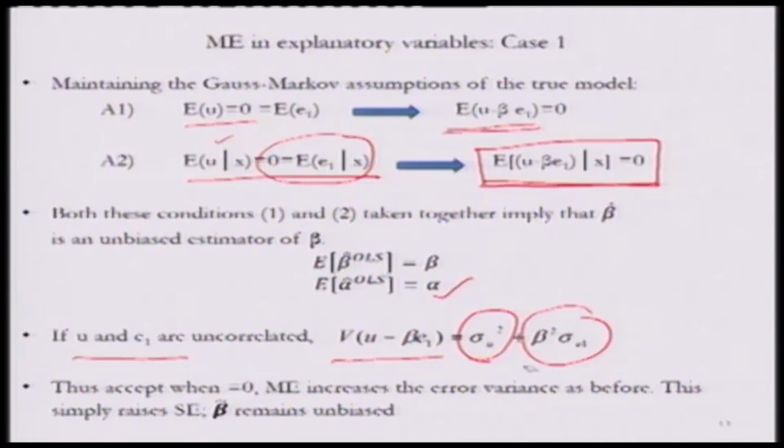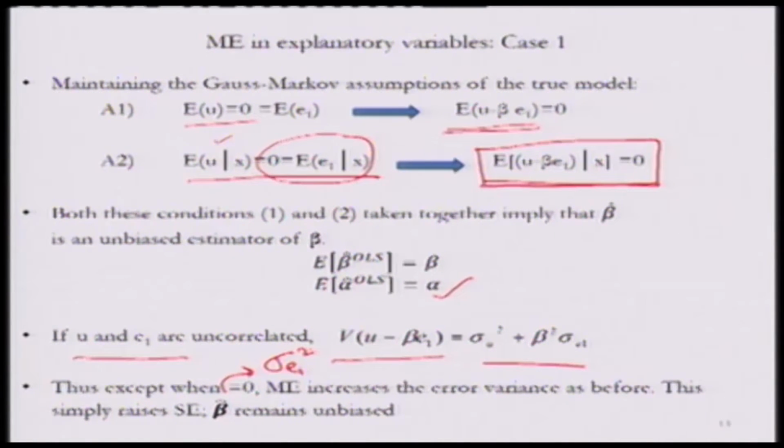So, which means that when there is a measurement error in x, then the variance estimation, or the standard error, of beta hat OLS is going to be higher than in the case when there is no measurement error. Thus, except when, so this is a typo on this slide, this should be sigma E1 square.